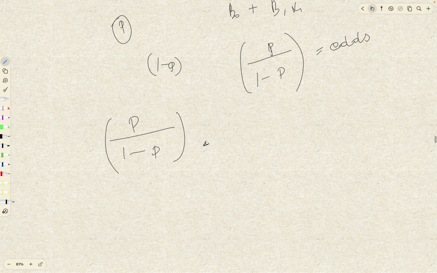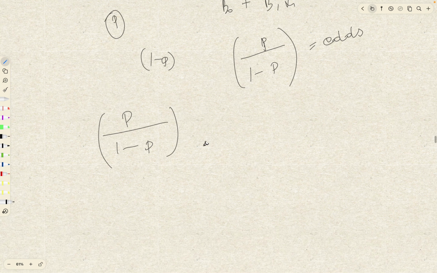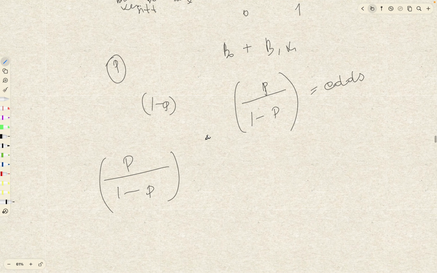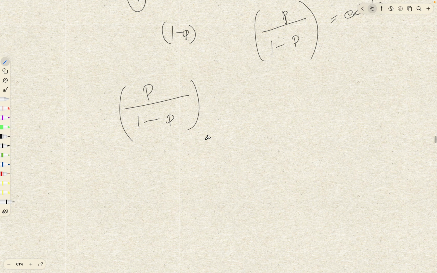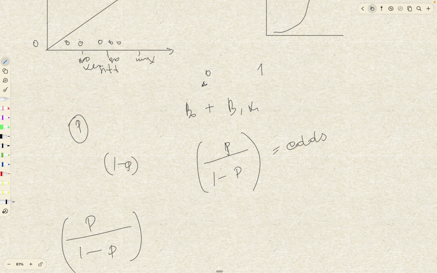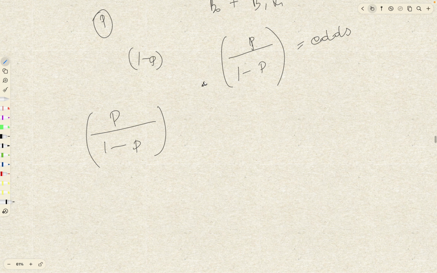We assume that the relationship between weight and the probability is linear, but we cannot use a linear regression directly. So what we need to do is to map a function of a linear regression to a function that will give us a value between 0 and 1. As you know, the domain of linear regression is minus infinity to plus infinity, so we actually cannot do something like this.